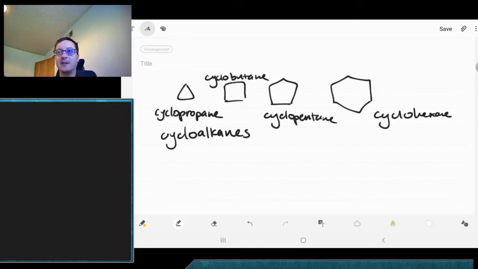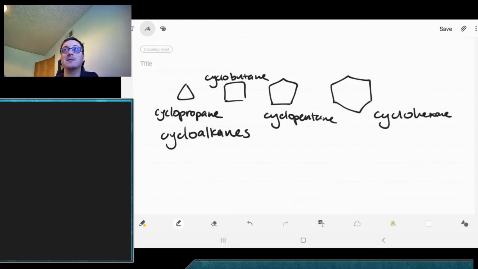So, very exciting here. Instead of having a chain of carbons, we have a ring of carbons. These are all connected together in a ring structure, and we would call those cyclo whatevers. We would name them much the same as before. Generally, we will have the ring as your parent name. Usually it's easier to do so.